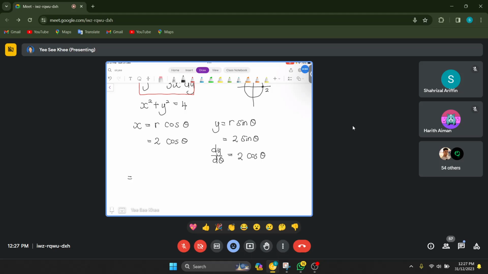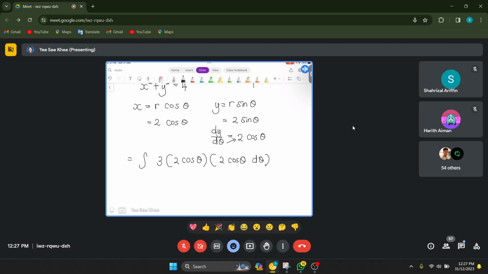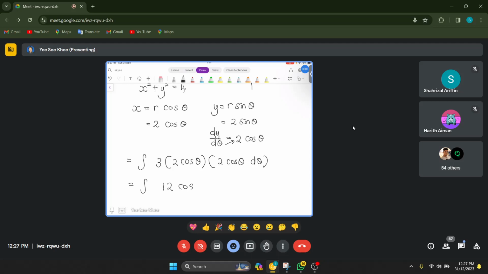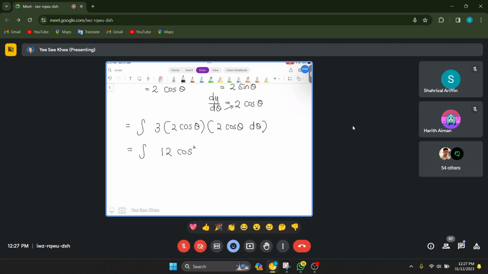Now I replace it in my integral: 3x, where x is 2 cos theta, and dy is 2 cos theta d theta. You multiply them and get 12 cos square theta d theta.